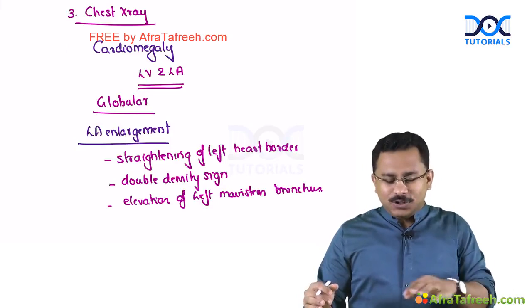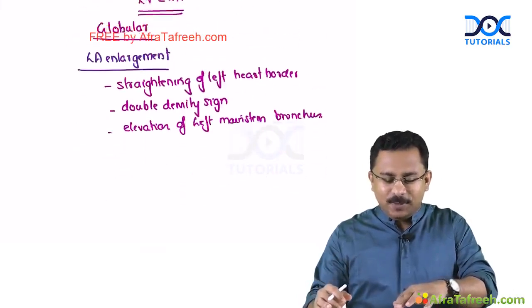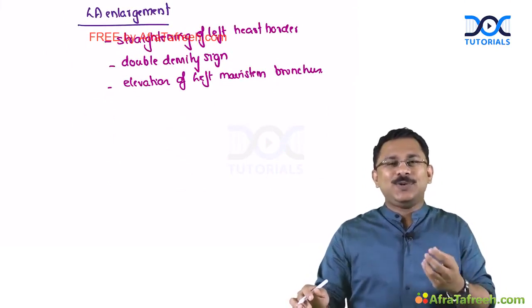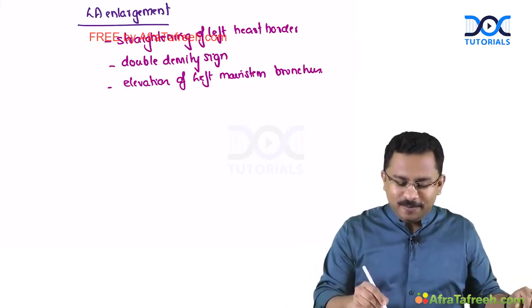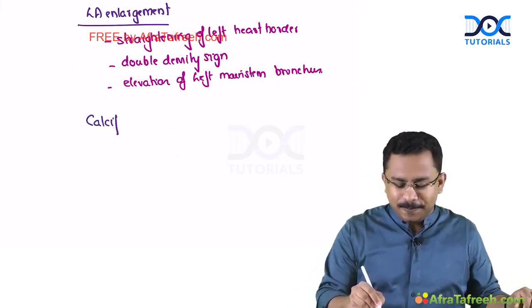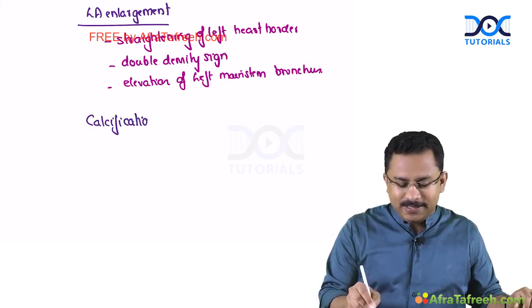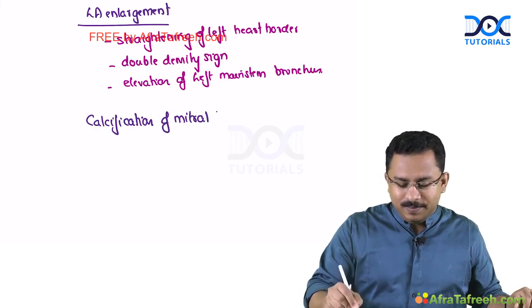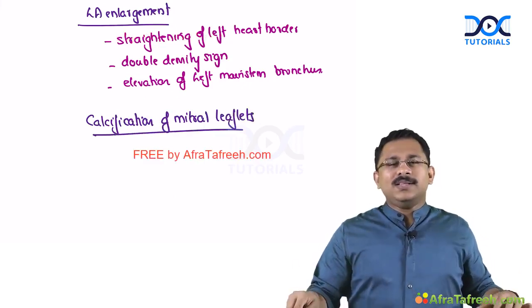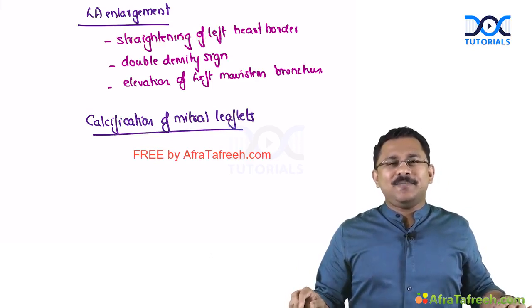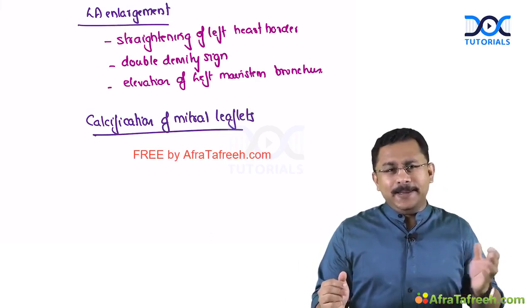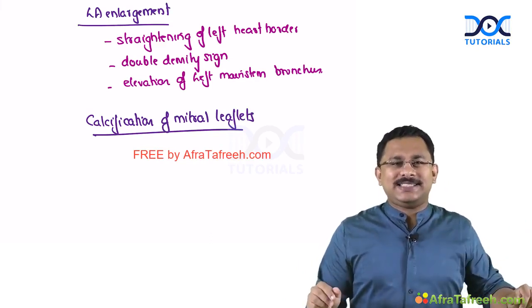And also understand, in addition to these points, you may also have patients with calcification of mitral leaflets. The calcification of the mitral annulus is best appreciated in the lateral view of the chest.